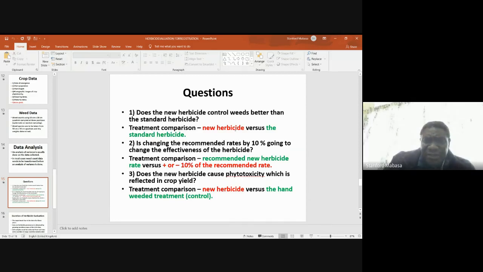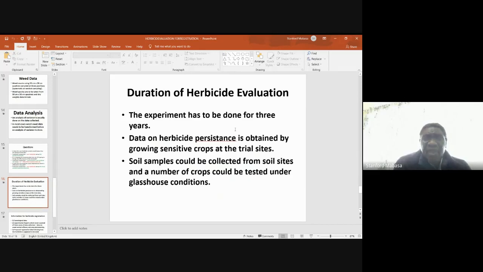Does the new herbicide cause phytotoxicity which is reflected in crop yield? To answer this question, we need to compare the new herbicide versus the hand-weeded control. Usually it will be the yields. Duration of the herbicide evaluation. This experiment can be done for 3 years.